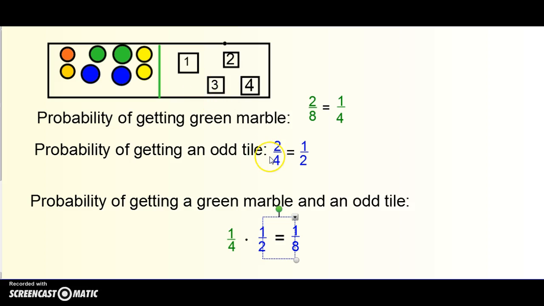So 2 out of 4 are odd, and then reduce that to 1/2. And then down here, you would just multiply those two independent probabilities. And so you would have the green times the outcome of an odd is 1 out of 8 chances that you'll get a green and an odd in the same combination.